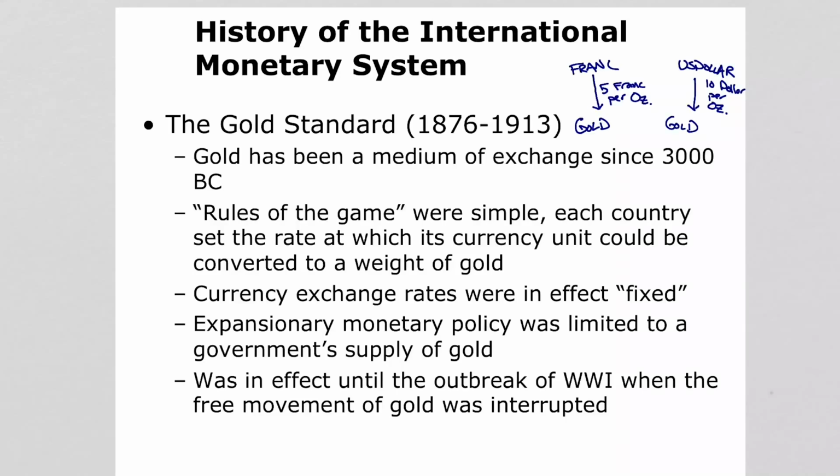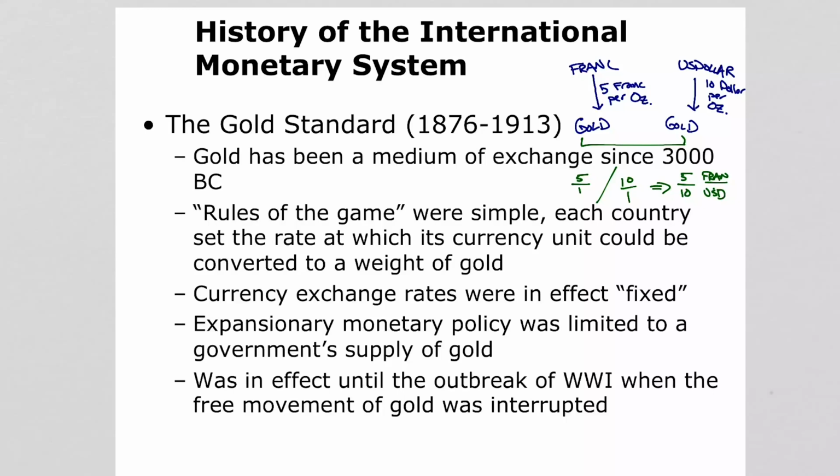Effectively, that way, if you knew the ratio of exchange of franc to gold, and you knew the ratio of exchange of US dollar to gold, then it followed that you knew the ratio of exchange of one currency to another. 5 francs could have bought 1 ounce of gold, and $10 could have bought 1 ounce of gold. So the ratio of the franc to the US dollar should be 1/2.